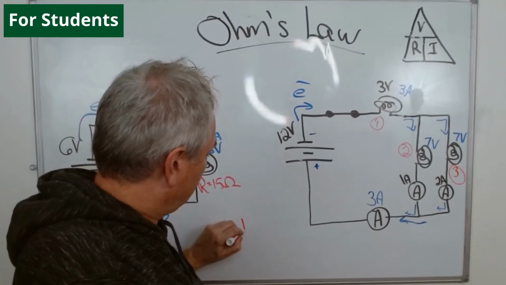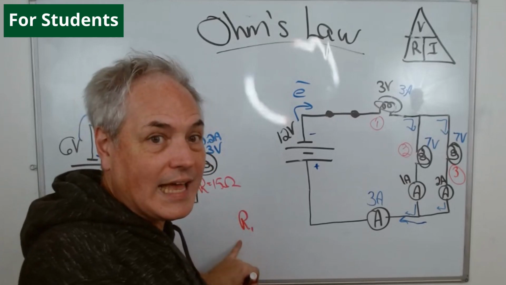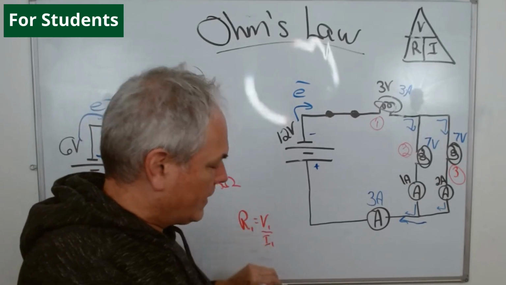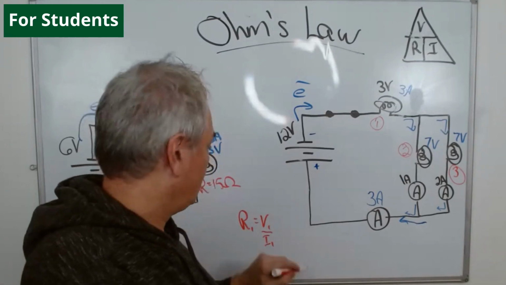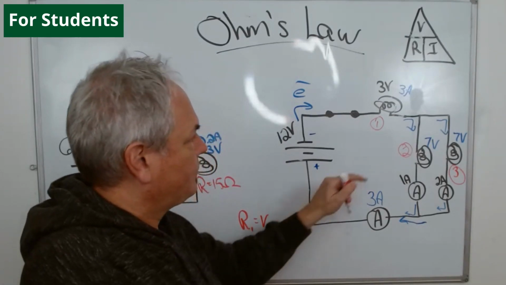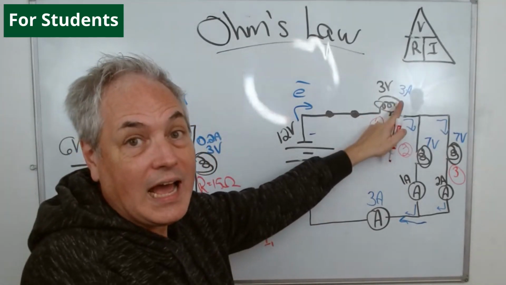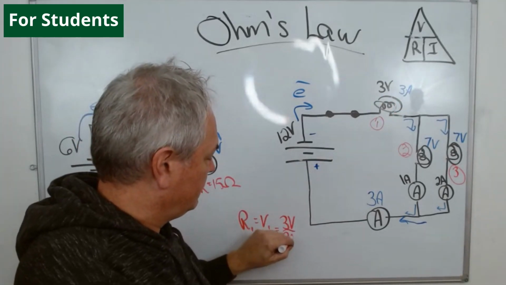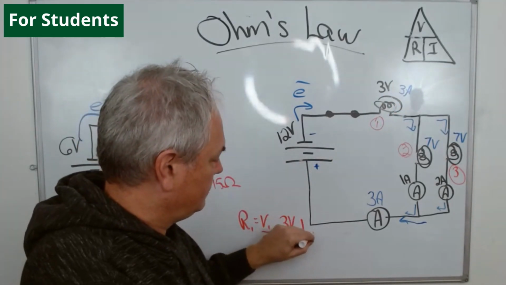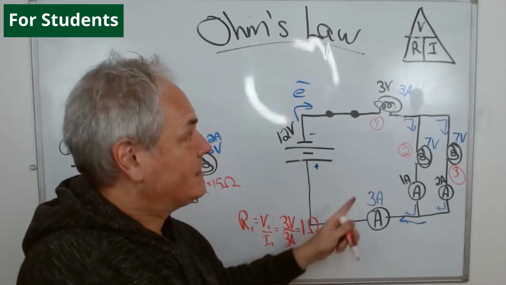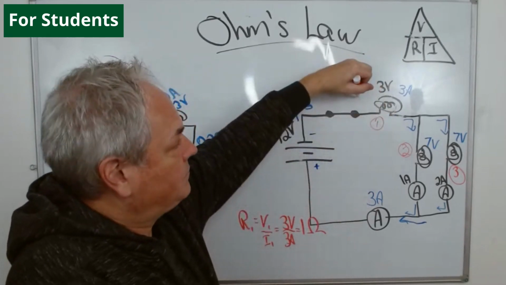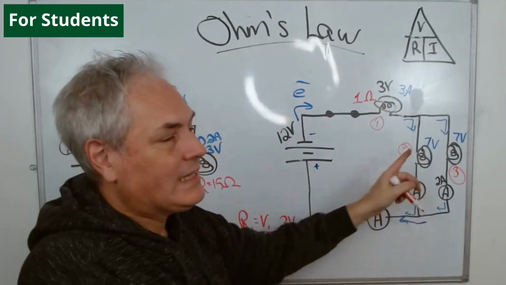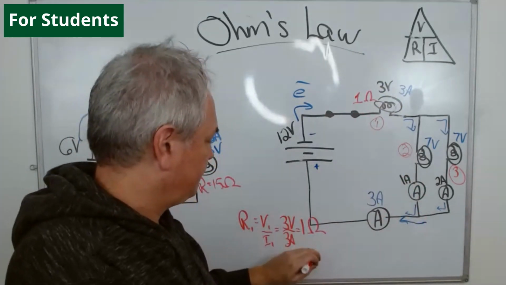So we know that the resistance at the first bulb is the voltage at the first bulb divided by the current at the first bulb right here. V1 is 3, I1 is 3 as well. So that means that the resistance at this bulb here is 1 ohm. Let's see what we have for the second bulb.